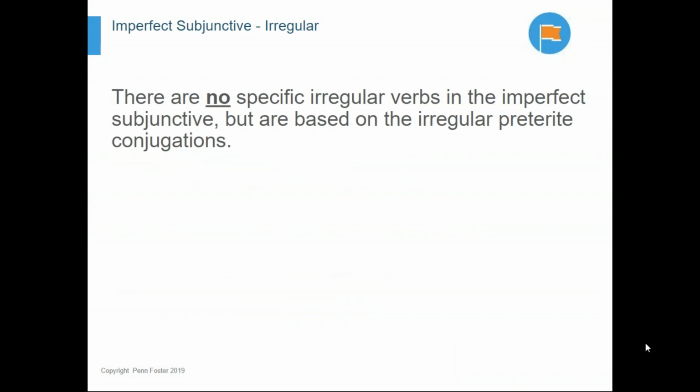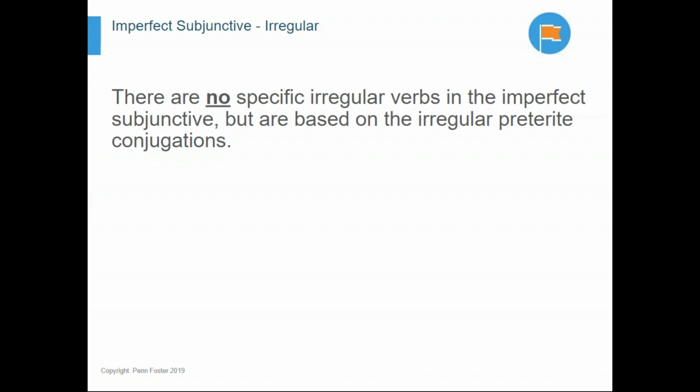All right, we will transition now. We're going to change up our topic from present subjunctive to imperfect subjunctive. And again, if you attended or viewed the first part of the subjunctive webinar series, you will have learned a little bit about this already.